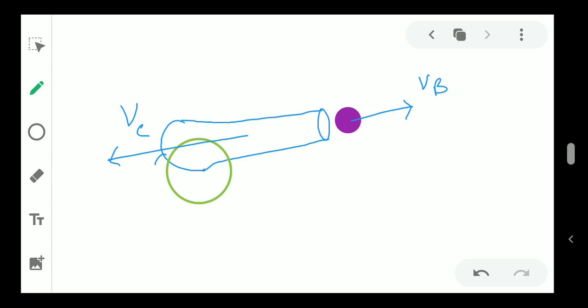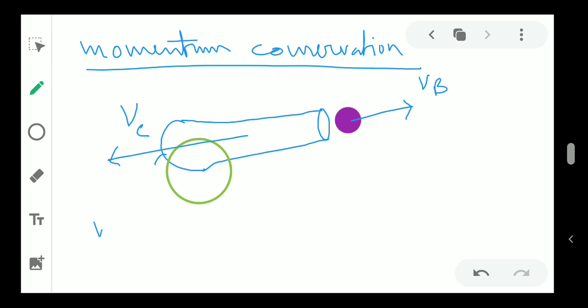So you remember the momentum conservation, and I told you that if the system is isolated and there are no other influences on the system, the momentum is always conserved within the system. So momentum conservation will tell us that the initial momentum will be the same as the final momentum, right?